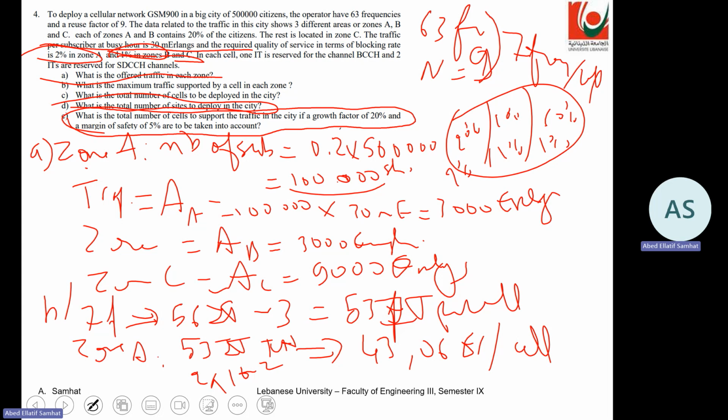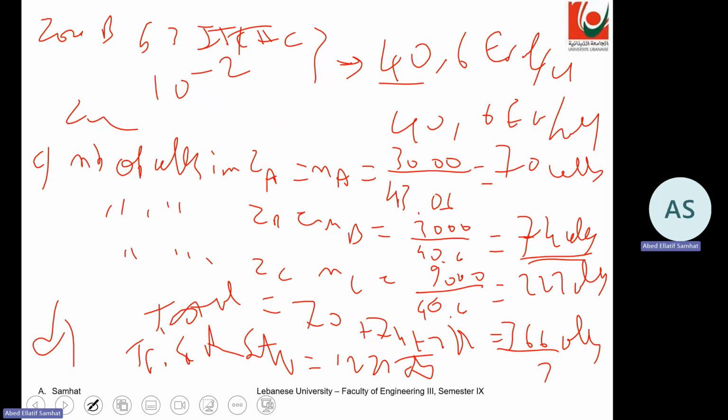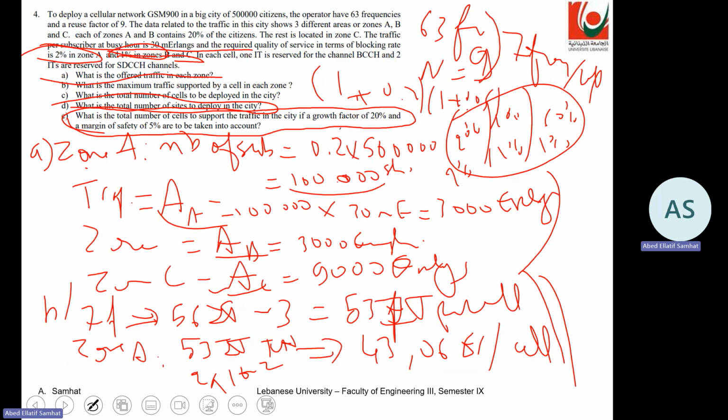In this case, instead of using A, B, A, C, we should multiply them by 1 plus 0.2 and 1 plus 0.05, and you can recalculate the traffic and the number of cells. So the rest will be the same, but the traffic will increase, and for sure the number of cells will increase. It could be an exercise for you. So part E, you can do it by yourself. It's not very complicated.